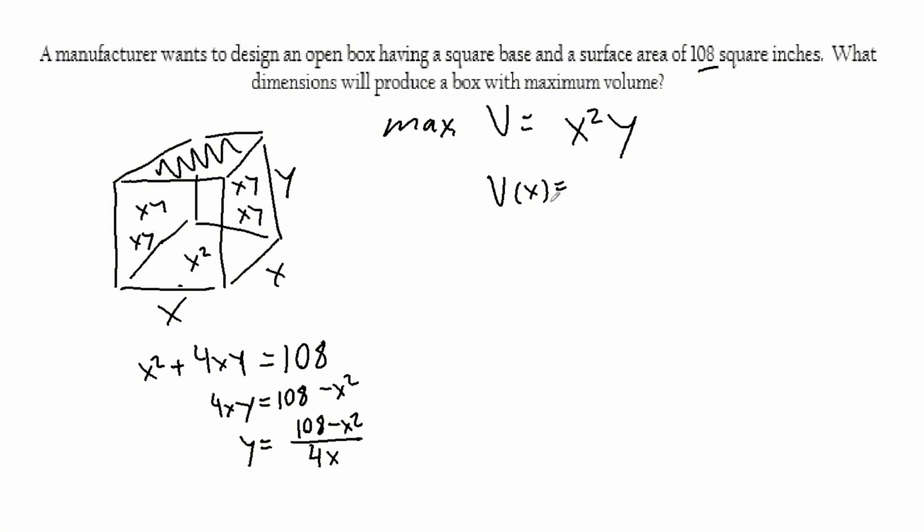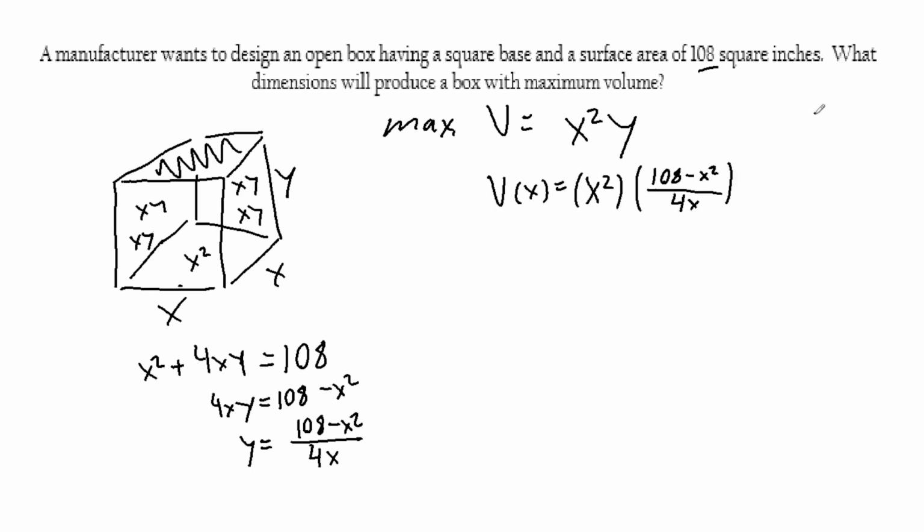And you may not even think about how you're doing that, but that is really what's happening. You're applying a restriction to this volume equation so that it applies to this specific problem where we have an open box with a square base and a surface area of 108 inches.